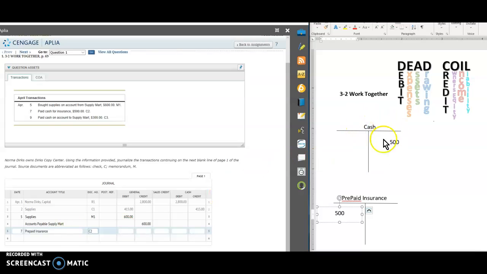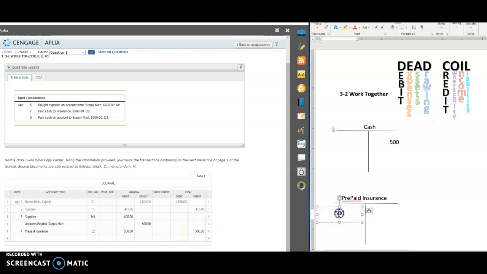Now, cash is a credit of 500. So I go to my cash credit column for 500. Prepaid insurance is not a special column, so it goes under general, and it is a debit. So right here, 500. Remember, your debits and your credits should always equal each other. So I have a 500 debit and a 500 credit there.